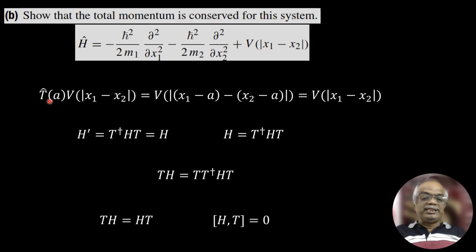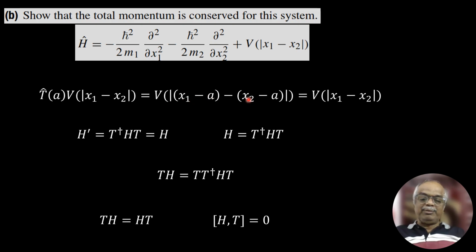Now we will see what will happen when the translational operator acts on this potential. When the translational operator acts on this potential V, which is a function of x1 minus x2, it can be written as V of x1 minus a, because this translational operator translates the position from x1 to x1 minus a.